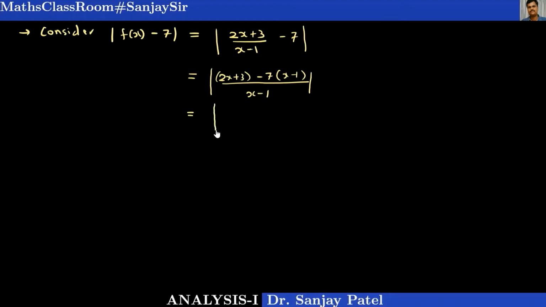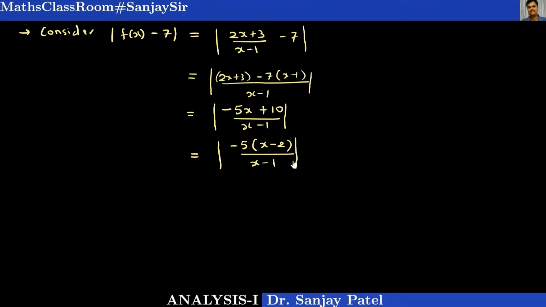So we get 2x minus 7x, that is minus 5x, and 3 minus minus 7, that is plus 7, so it gives us plus 10 upon x minus 1. Clearly, I can write minus 5 as a common factor from the numerator. So minus 5 into, I will get x minus 2 upon x minus 1.